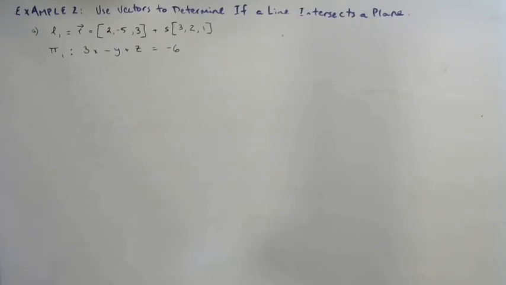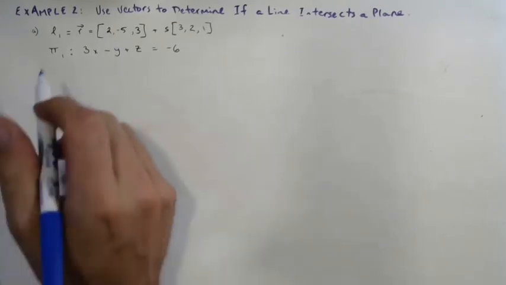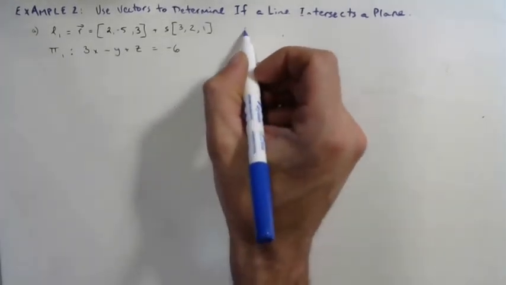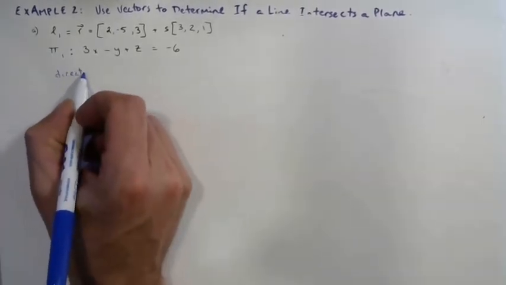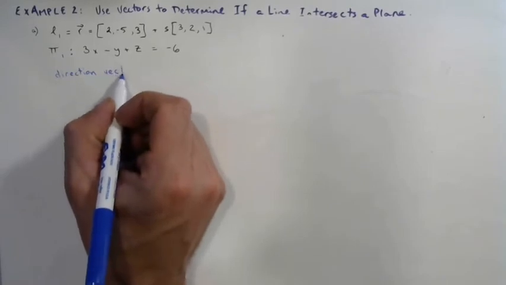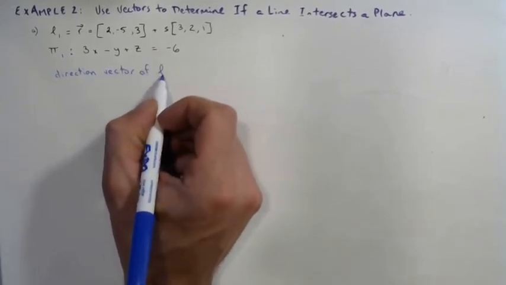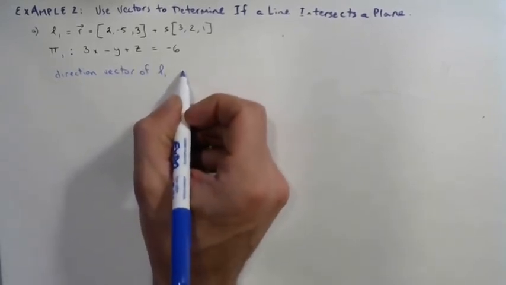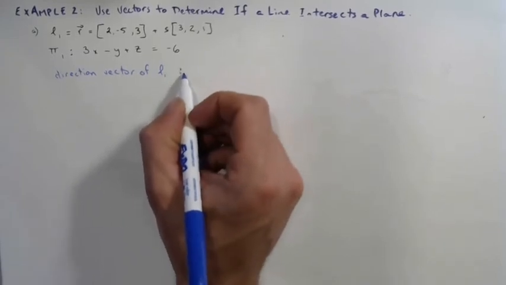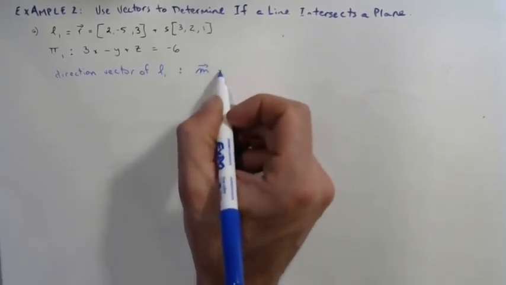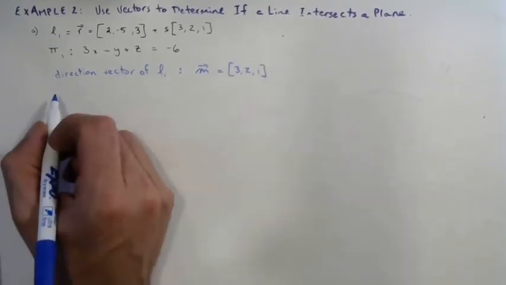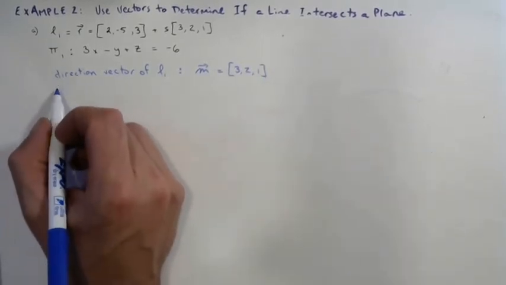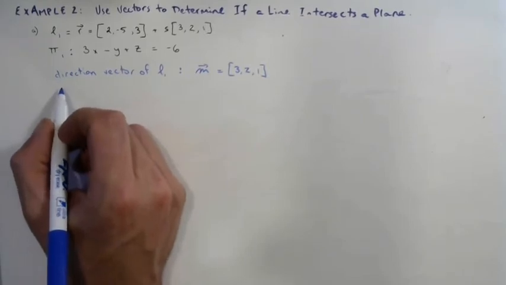So again, we're looking for the direction vector of L1. It's the direction vector of the line. That is direction vector m = (3, 2, 1). And we are looking for the normal vector of the plane.